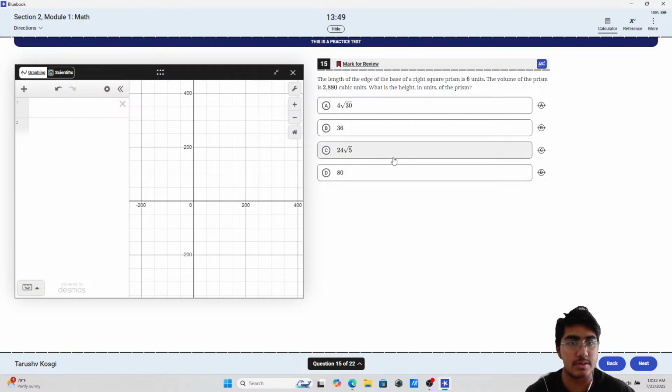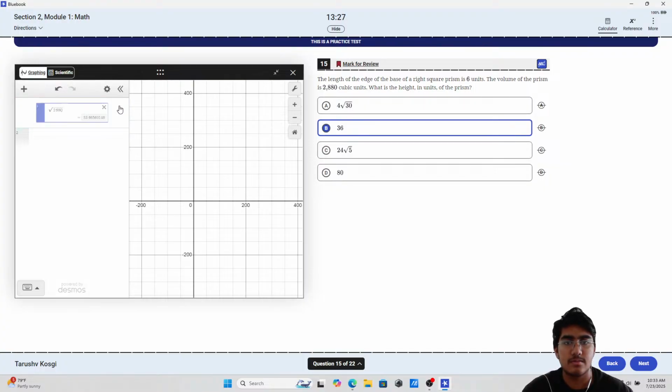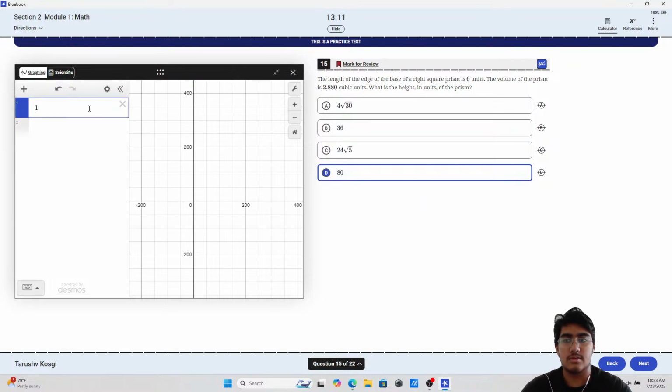But I have to choose something now, so if you just straight up square root this thing, you get that. And if you cube root this thing, you get that. So I'm gonna go with 36 here. Wait, hold up.